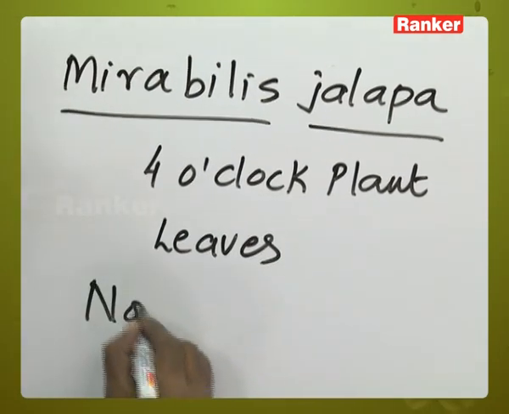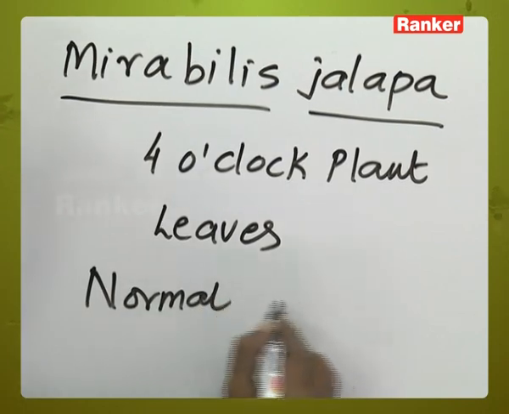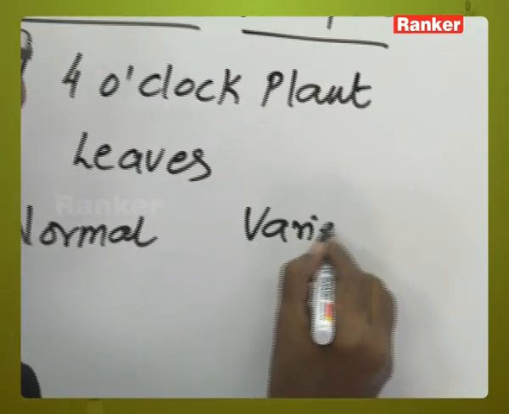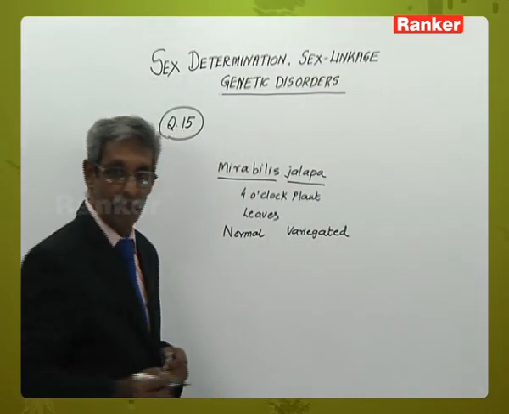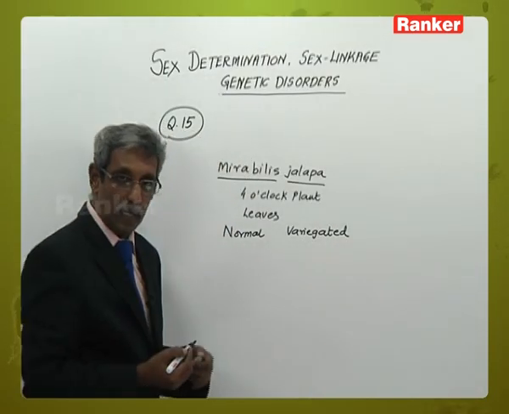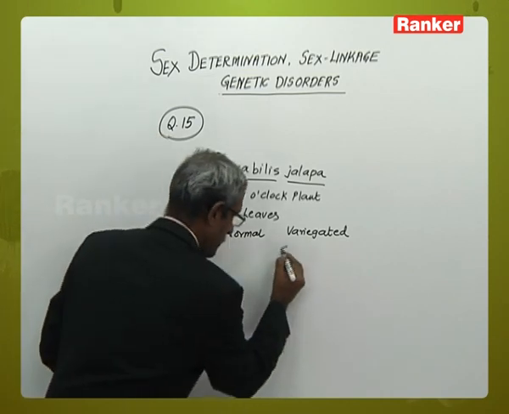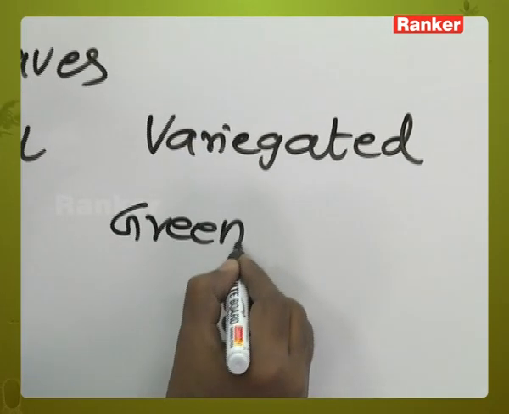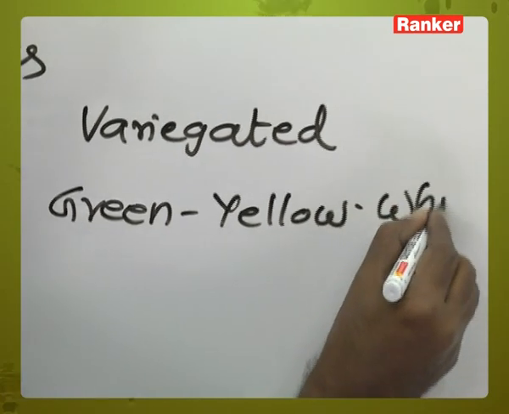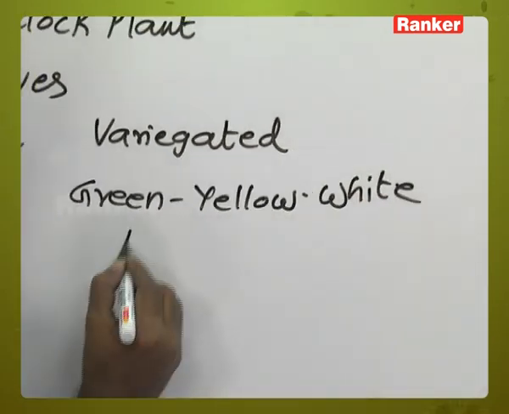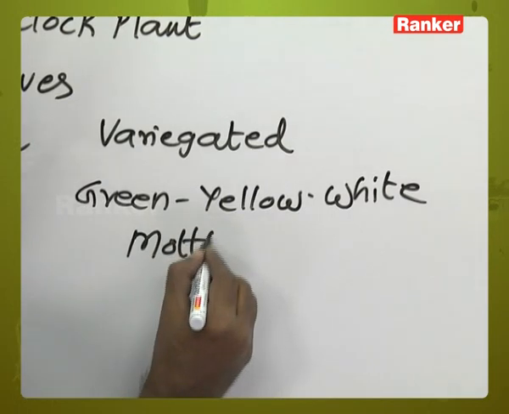The leaves could be normal or they could be variegated. When you say variegated, it means they are colored in various shades of green, yellow and white. Variegated leaves are also termed as mottled leaves.